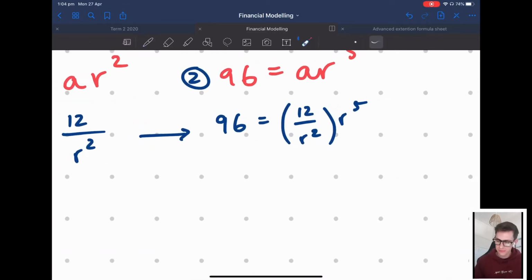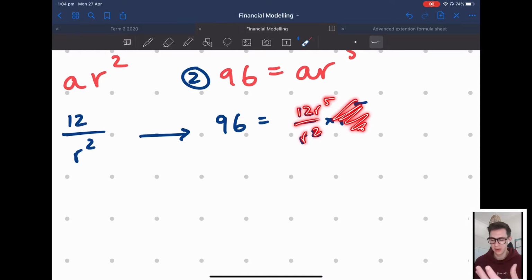Now here, when I multiply, and I can get rid of these brackets if they're confusing you, when I multiply that r to the power of 5, he's going to end up going on top. So it's going to be like 12 r to the 5 over r squared. Now that 12 is going to stay there because there's no number on the bottom to cancel it out. But what will cancel is my r's.